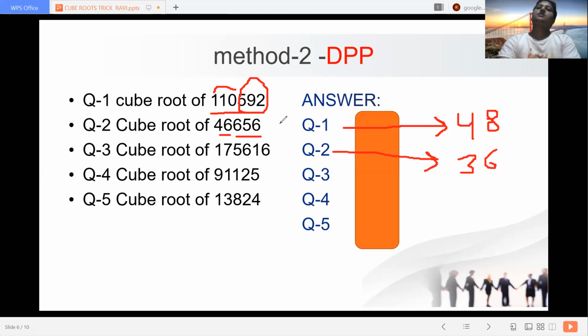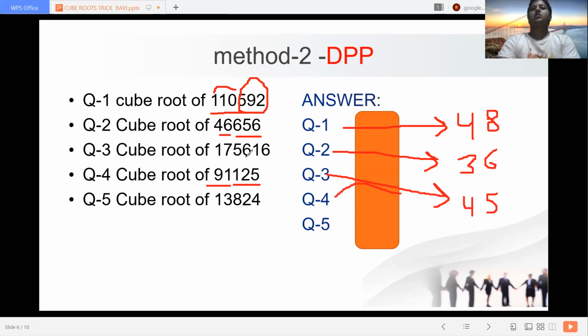We can see, without going into a large factorization, we can easily answer. Same process: 5 cube, last digit is 5, so answer must carry a 5. And 91: 4 cube is 64, 91 is just larger than 4 cube, therefore answer is 45. Answer is 45, sorry.